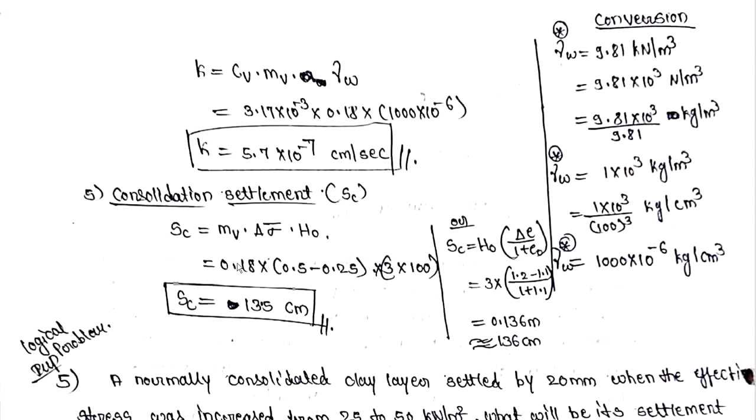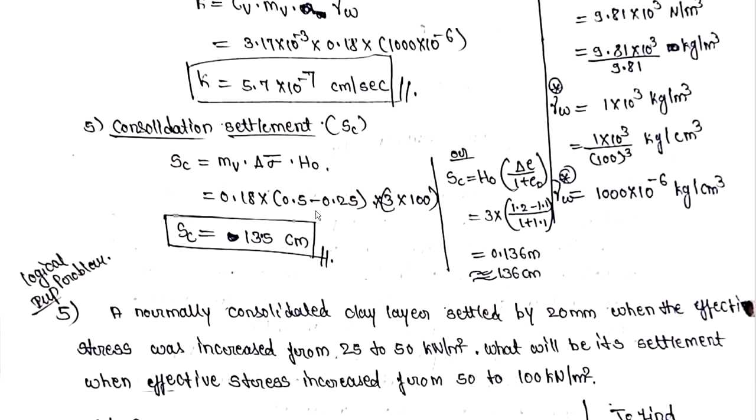So mv is equal to 0.18 into 0.5 minus 0.25 into 3 into 100. So finally SC is equal to 13.5. The answer I have got is 13.5 centimeter, the consolidation settlement which is going to occur.